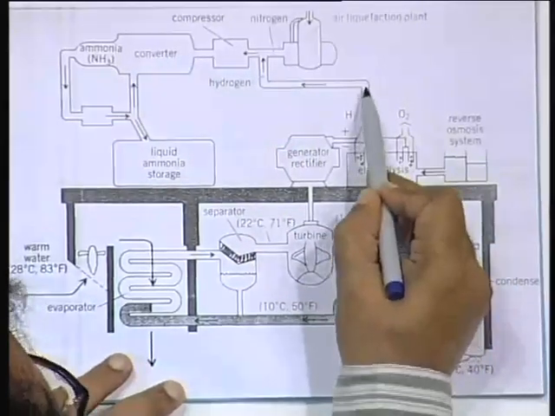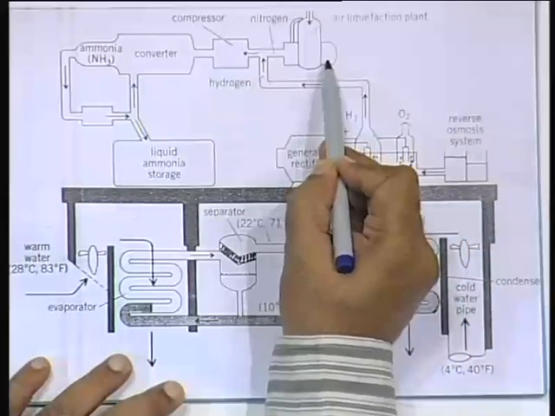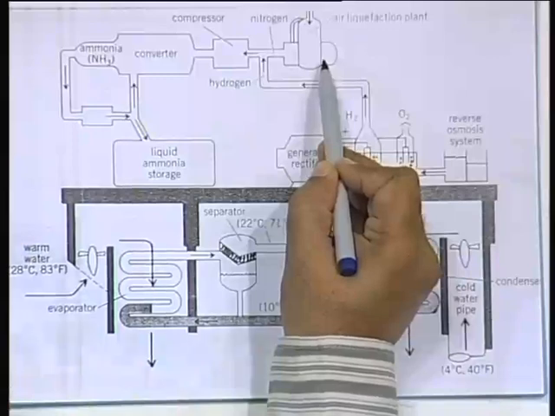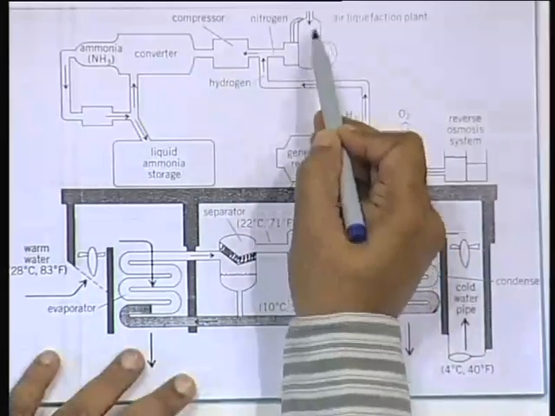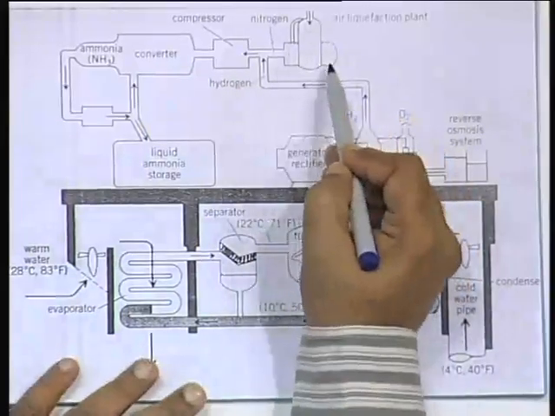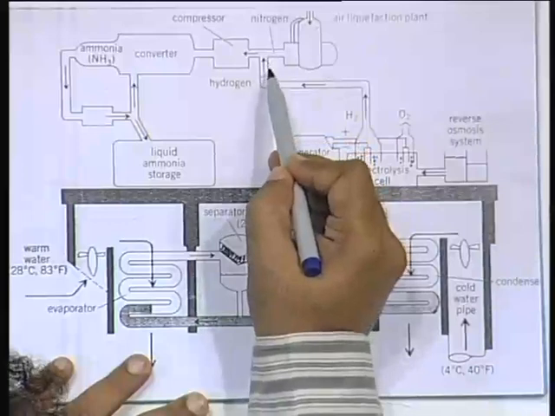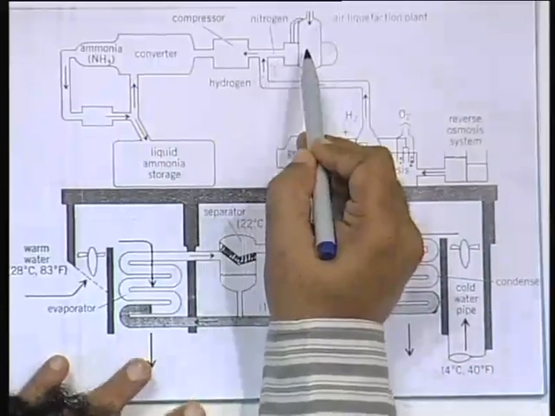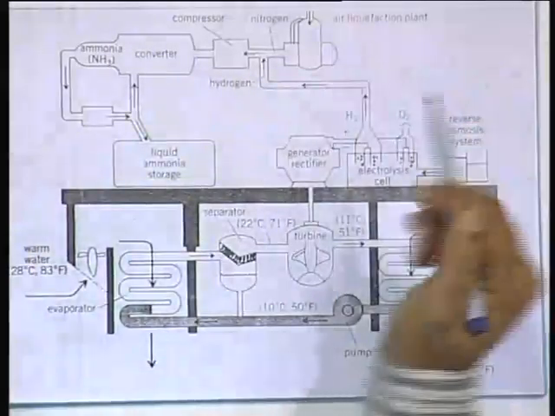Now, the hydrogen goes here and here you have the air liquefaction plant, where it is a simple refrigerator. So, by pressure you refrigerate the air, and after the refrigeration the nitrogen and oxygen are separated out by fractional distillation.